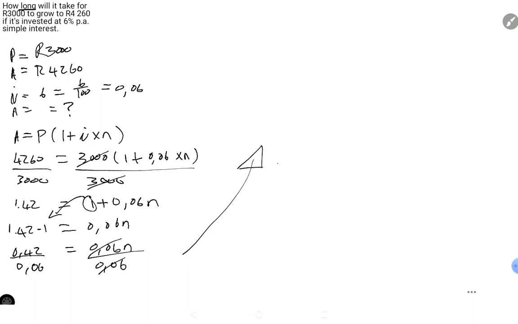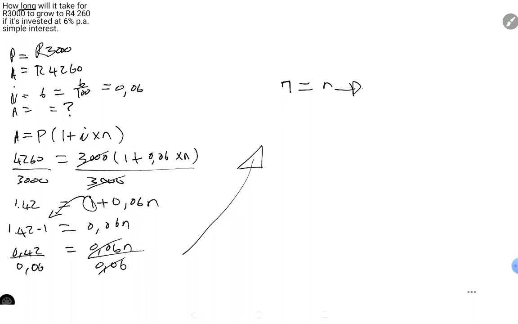I'm going to go up there for my answer. 0.42 divided by 0.06 gives me 7. That's 7 equals N. That's my final answer. Okay, that was pretty easy. Let me go through it again.